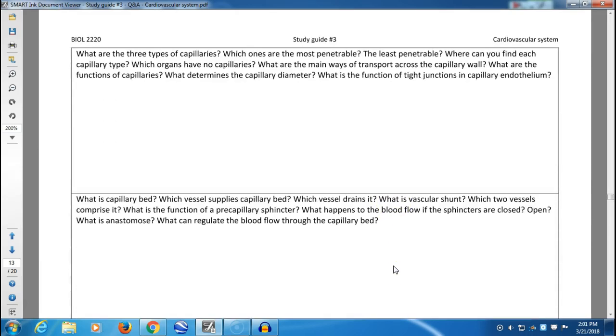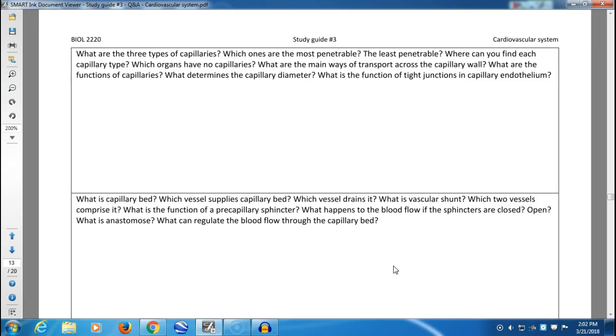Three types of capillaries. Know the relationship between them: least permeable, continuous; medium permeable, fenestrated; and most permeable, sinusoid. Am I clear?